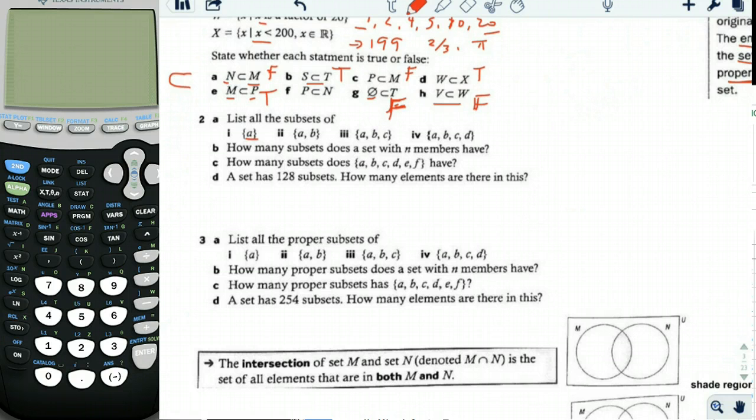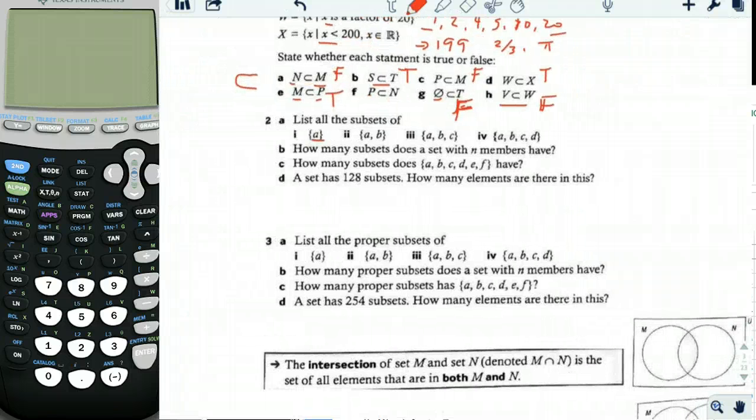So for example, all the subsets of the set with A in it would just be the empty set and A. AB would be the empty set and the set itself, AB. And then it would also be the sets with A and B in it separately. Okay?